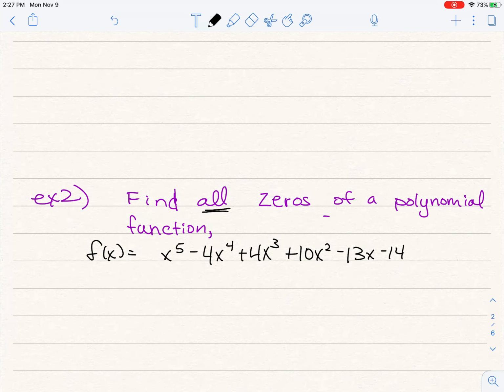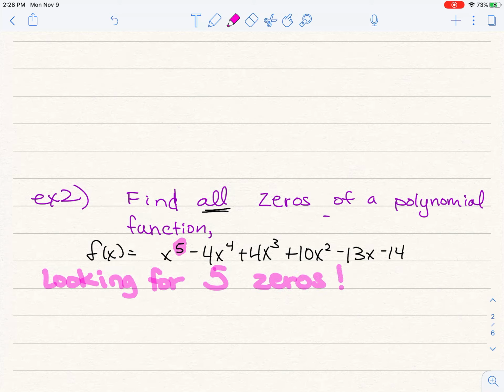So here's our second example. It says find all zeros of a polynomial function. We're going to be combining what we've learned in section 5 and section 6 into section 7. The way we're combining that is, number 1, first we look at our degree. It's 5, which means we're looking for 5 zeros.